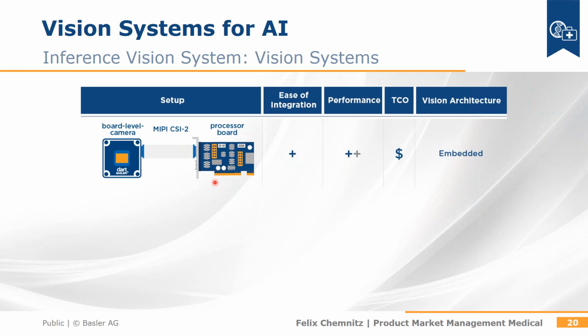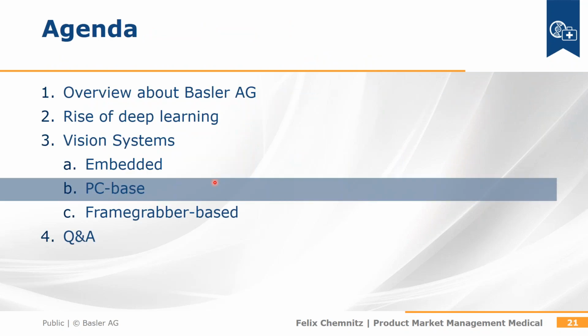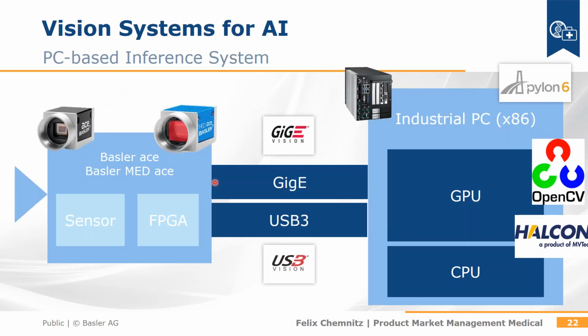Good. Then we will move on to the second vision system for AI, which would be the PC-based system. In this case, we also have the ability to take Basler cameras. These are a little bit bigger and housed, and they come with a GigE or USB 3 interface, which are standardized in GigE Vision or USB 3 Vision.